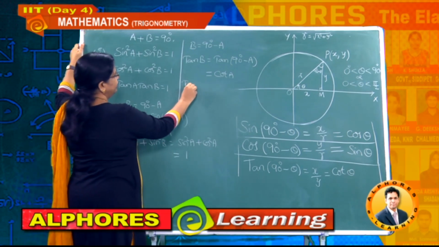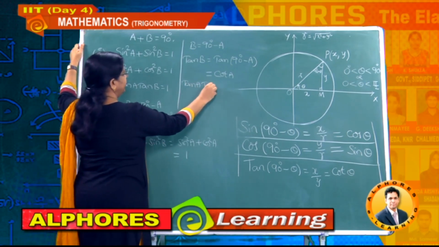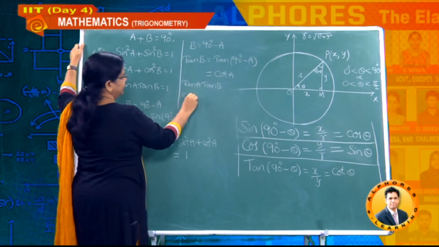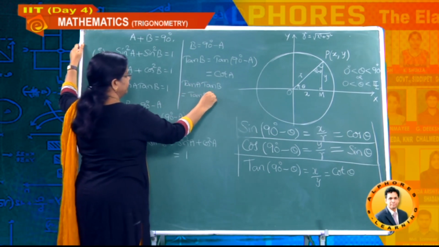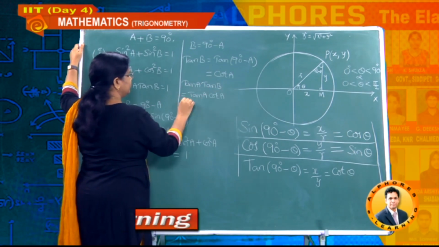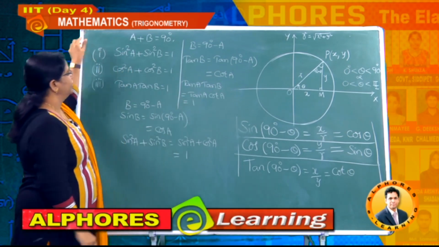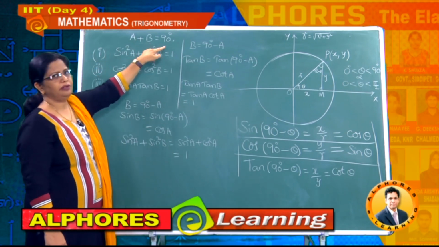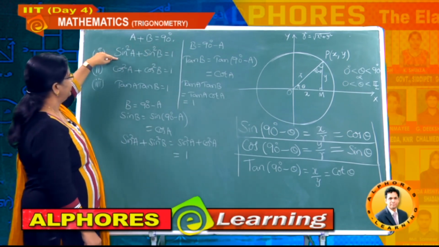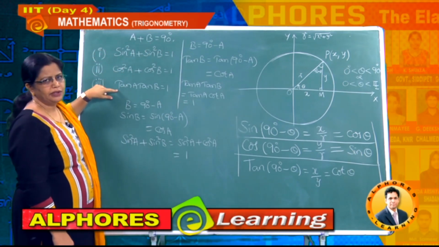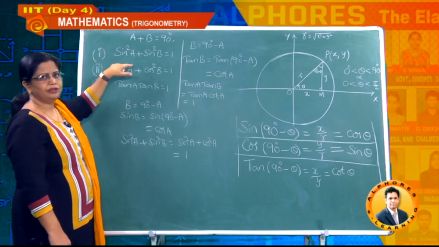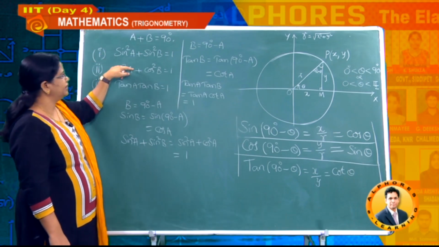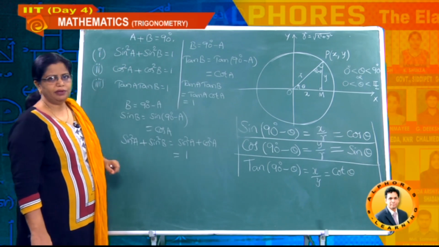So tan a into tan b equal to tan a into cot a. This is equal to how much now? 1. Hence whenever the two angles are complementary, that is a plus b equal to 90 degrees, then these three results we can use. Later while doing problems we can see what is the use of these three formulae.